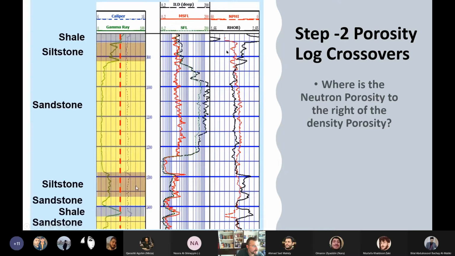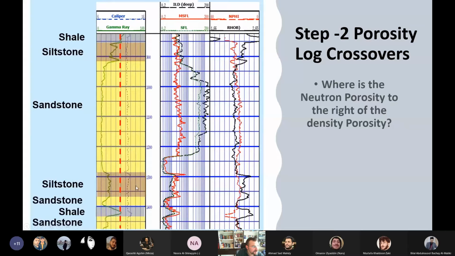So as you can see, when I go to the right side of the density log, I said it's shale. This is directly showing shale, by the way. Now I understand. When I come to the lower parts, my density is lowered, and this is going to a certain level. So what I understand here: where is the neutron porosity? To the right of the density porosity.